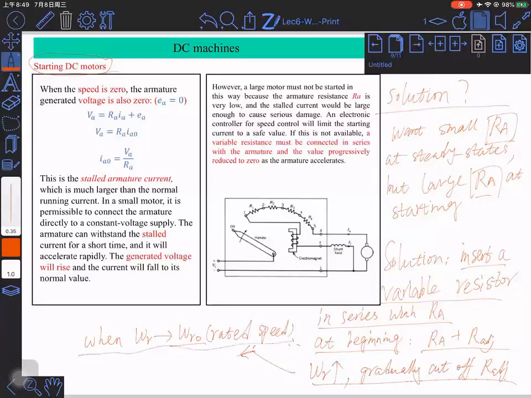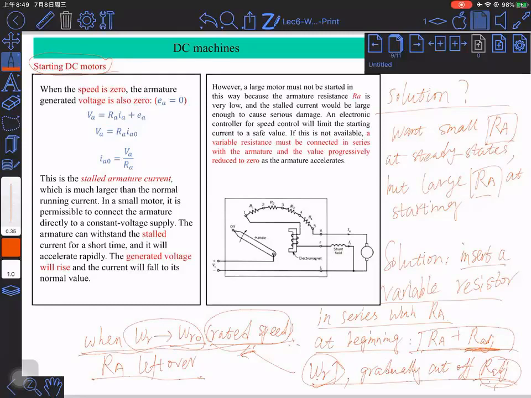So what is left over is just RA. So this means at the beginning we have RA plus the adjustable variable resistor. Then when the speed goes up, we cut off a section of the adjustable resistor. When the speed further goes up, we cut off the other section. And when the speed eventually has been increased to the nominal speed, or we say rated speed, we have the adjustable resistor totally cut off. That's going to be giving us only the RA left.